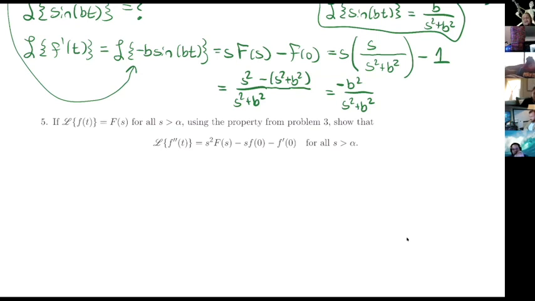So I can think of, right? Let me just call some function g to be the first derivative of f, in which case g prime would be the second derivative of f.